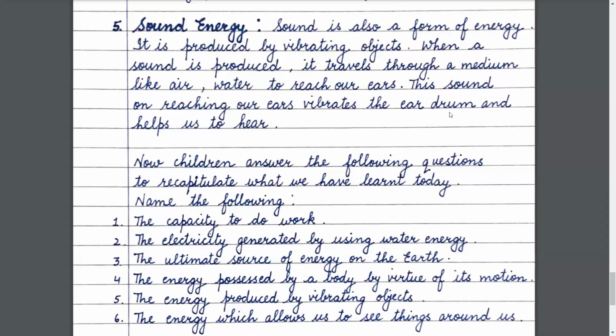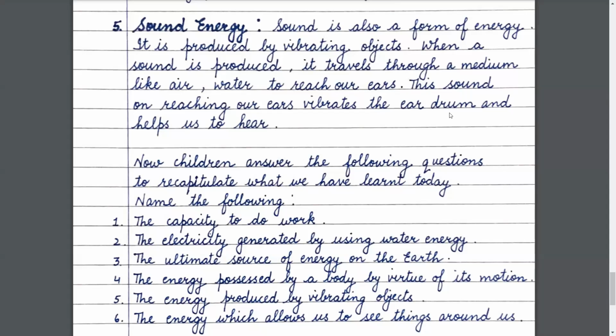When a sound is produced, it travels through a medium like air, water to reach our ears. This sound, on reaching our ears, vibrates the eardrum and helps us to hear.